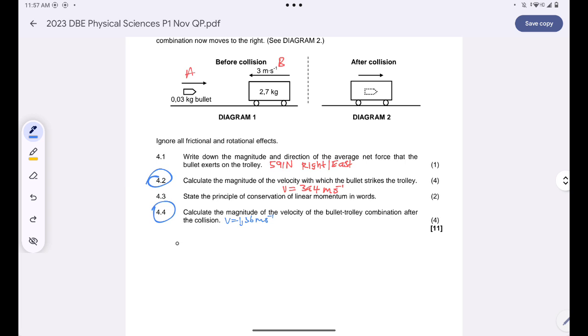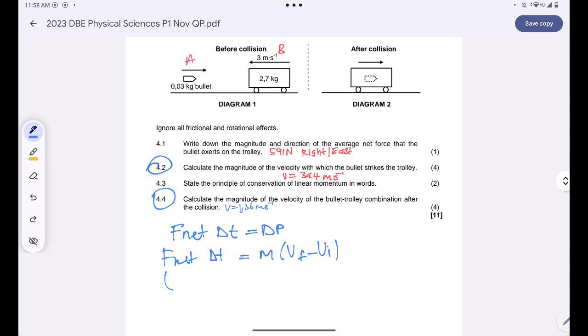Are you together? So remember that I'll say F net multiplied by delta T is equal to the change in momentum, right? F net delta T is equal to m(VF minus VI). So my force, please note that, guys, I am choosing any direction to the left as positive, right?